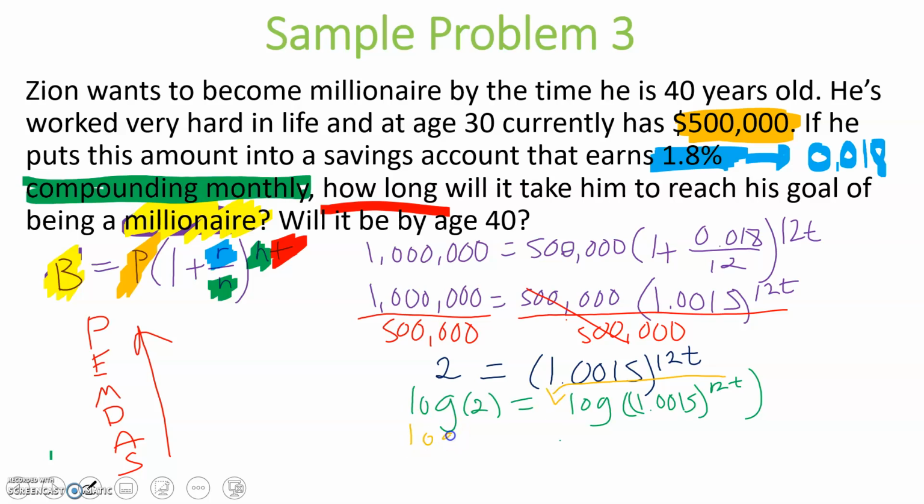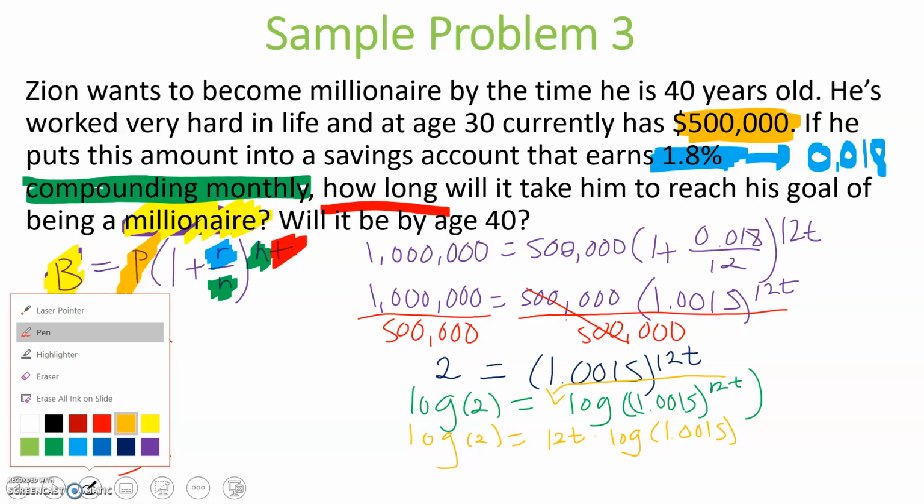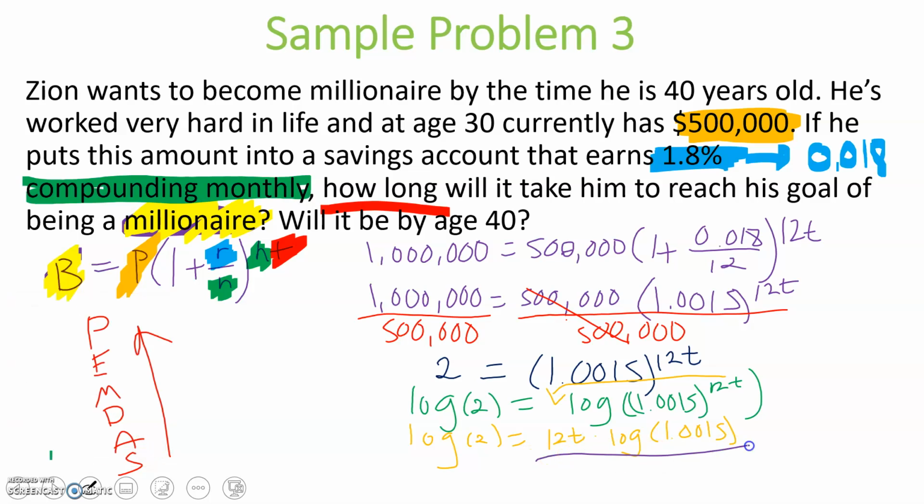So now we have log of 2 is equal to 12t times the log of 1.0015. Now remember, our objective is to get that variable by itself, so we're going to divide by anything that's with that t. So we're going to divide by 12 times log of 1.0015, and we're going to do that on both sides to keep our equation balanced.